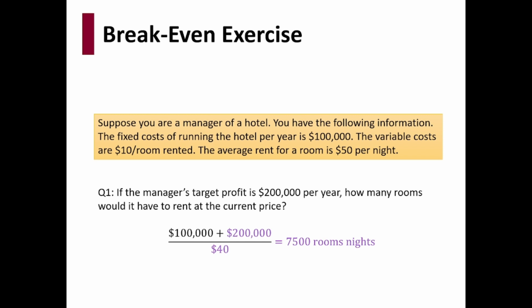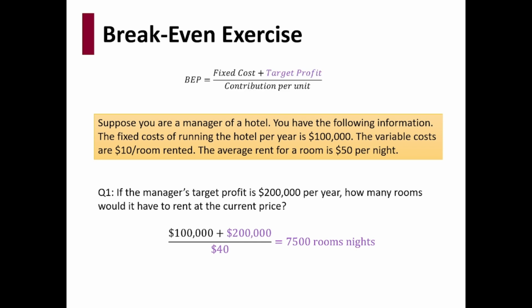Still in this example, if the hotel wants to make 200,000 profit each year, how many rooms would it have to rent out at the current price, that is $50 per room per night?